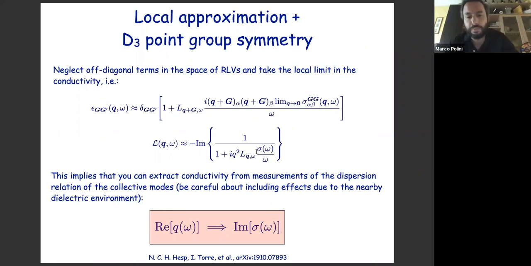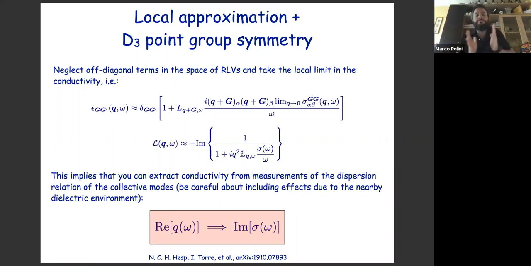But everything is encoded into the electrostatics of the problem, okay? So theoretically you just have to be careful about these two ingredients: the local conductivity as a function of frequency, which of course has a real and an imaginary part, and the dressed Coulomb potential.